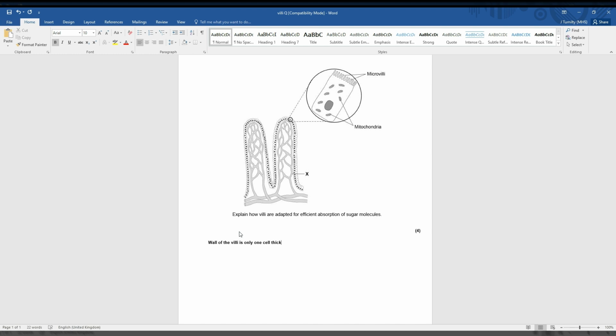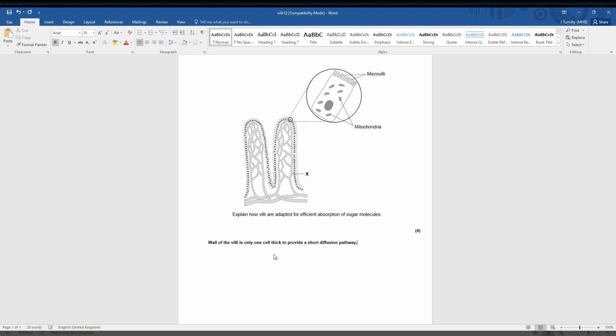Okay, so how can that help sugar molecules to pass through? Well, if you're only 1 cell thick as opposed to 10 cells thick, then you've only got a short distance to travel, haven't you? Okay, so the way I'm going to describe that is that to provide a short diffusion pathway.